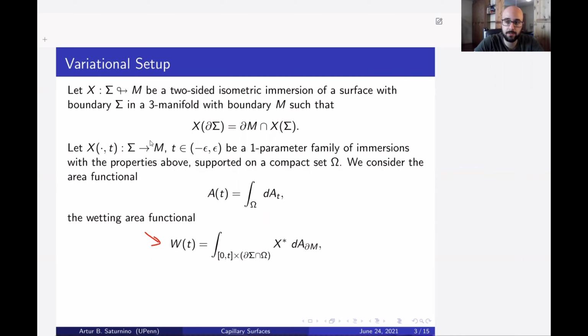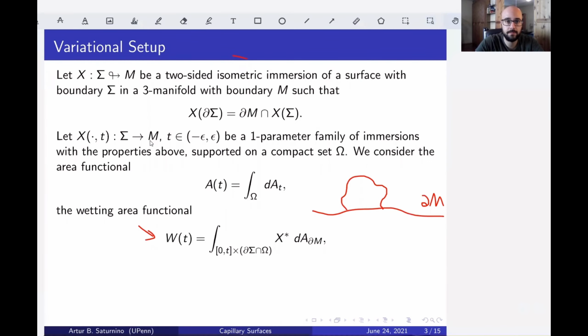What it measures is, for example, if you think about an example based on what I had before, where we have this boundary of M be some kind of surface, and imagine that we have some ball sitting over it, what this wetting area functional measures is how much the area of the boundary of M that is in contact with the interior of this cap varies in time as we execute this variation X.